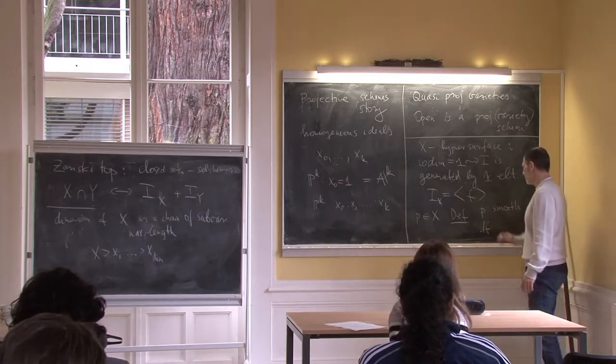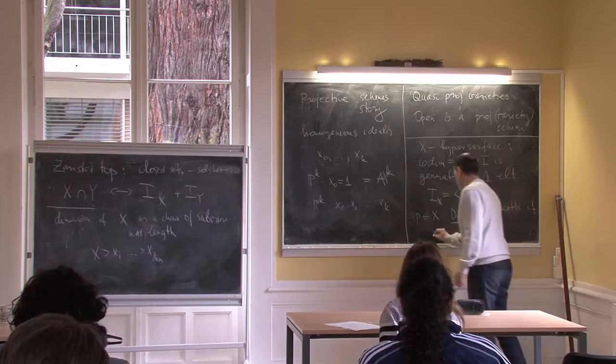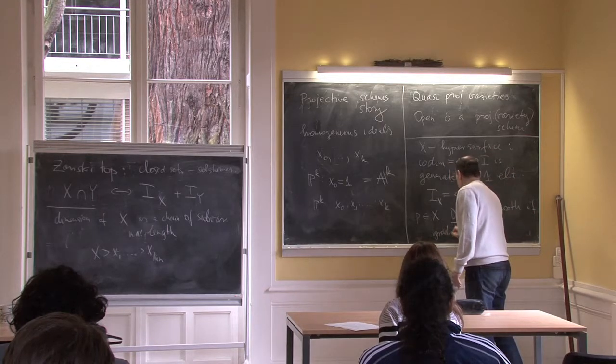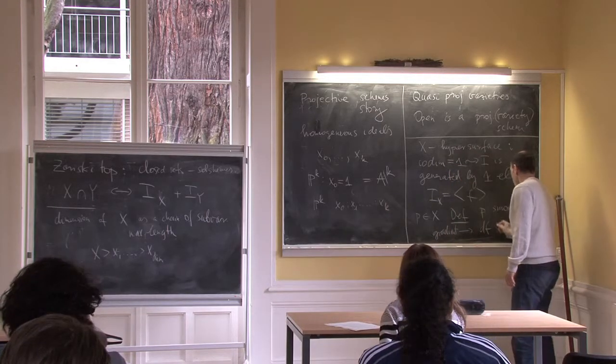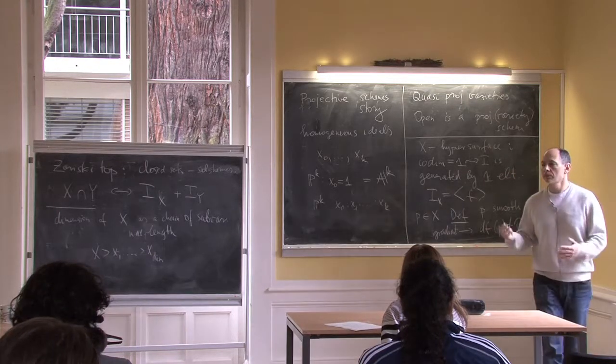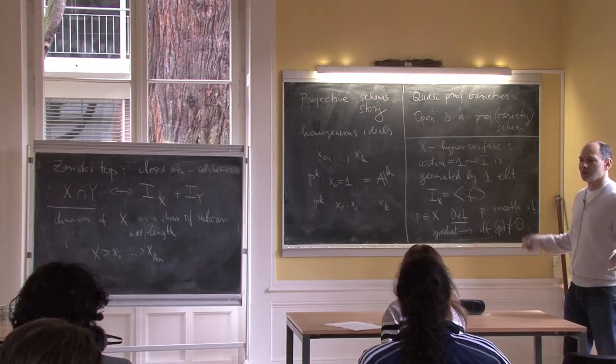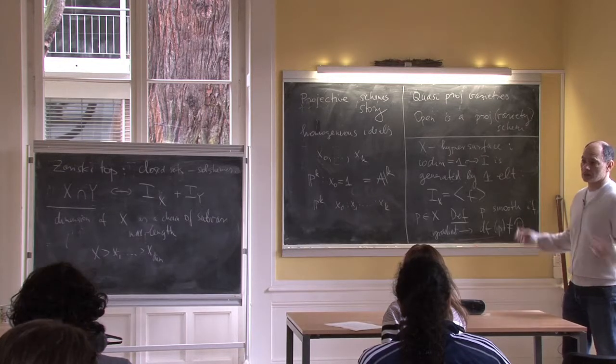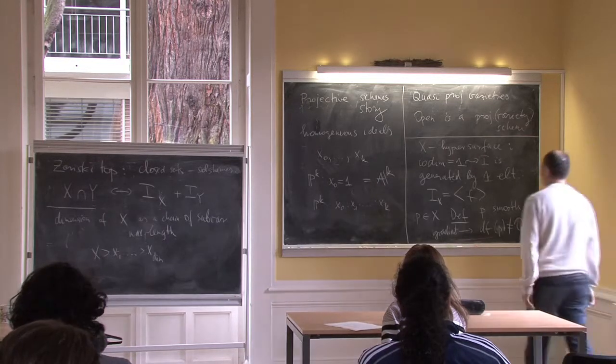I'll denote this by df. So the gradient at P is not 0. So you take the partial derivatives, and if at least one of them is not 0, then it's a smooth point. Otherwise, it's not. Okay, so that's the thing.